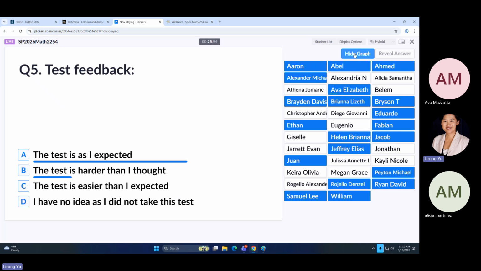Most of you, 13 students in the class, answered A, the test is as expected. Three of you answered harder than before. And this time nobody felt like it was easier than expected. Okay, so that's the perception of level of difficulty.